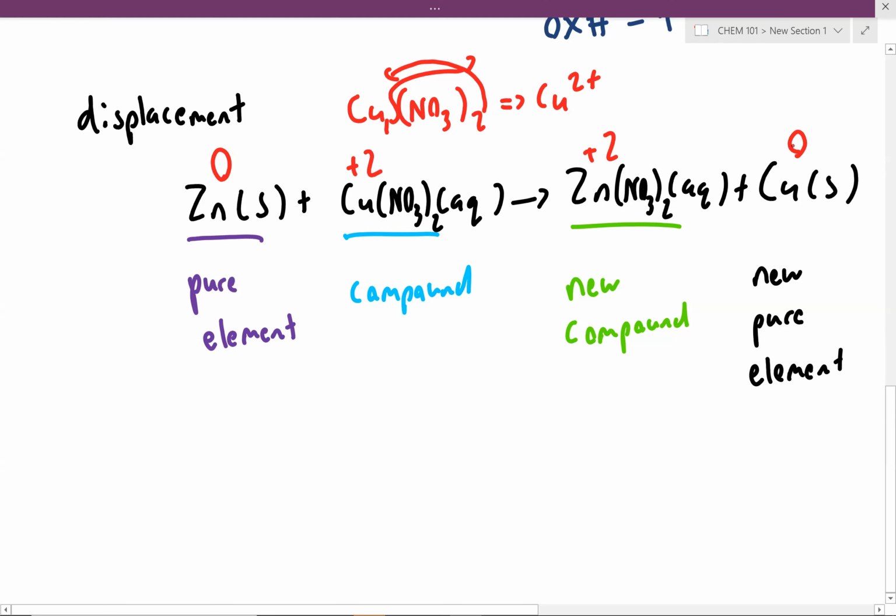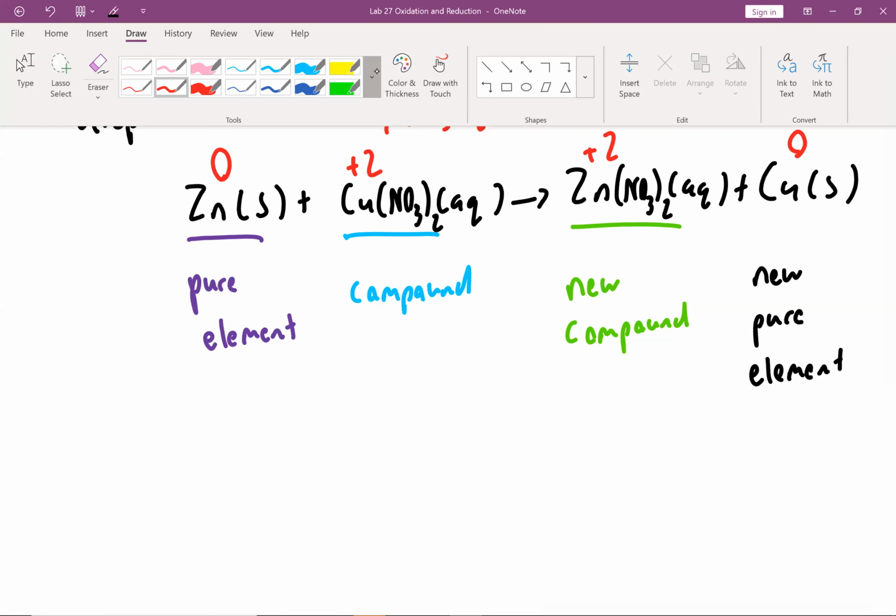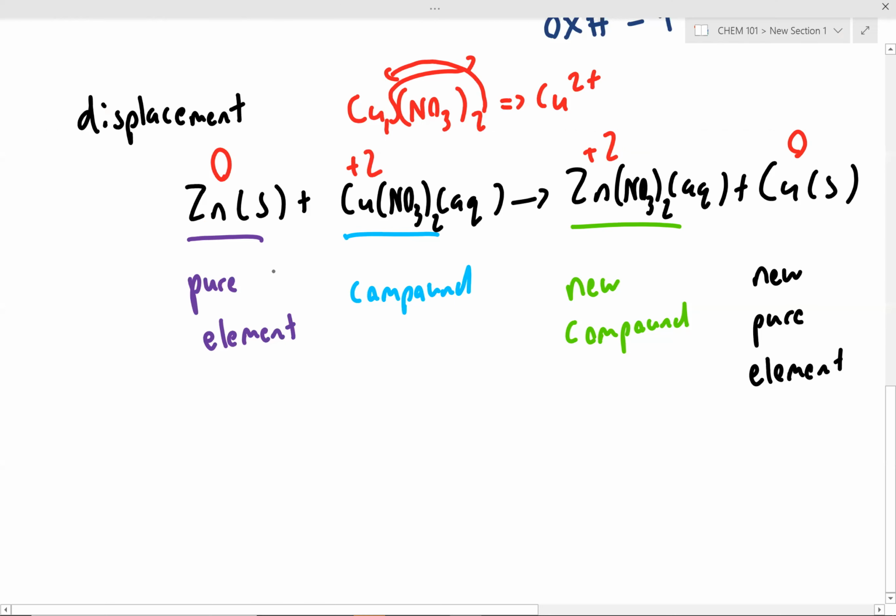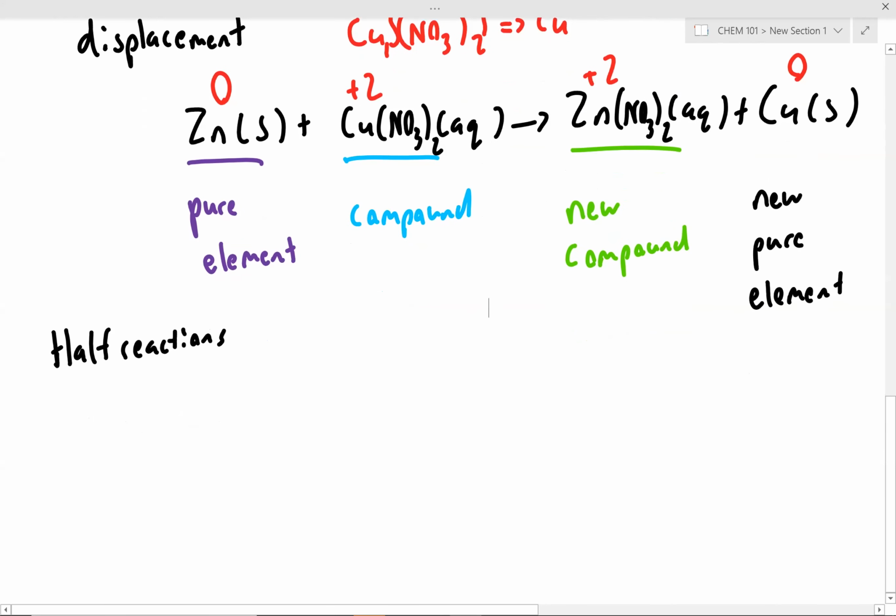Now, in essence, what we're going to do is write a series of what are known as half reactions. Half reactions are separated into two major types. The first type of half reaction is oxidation.